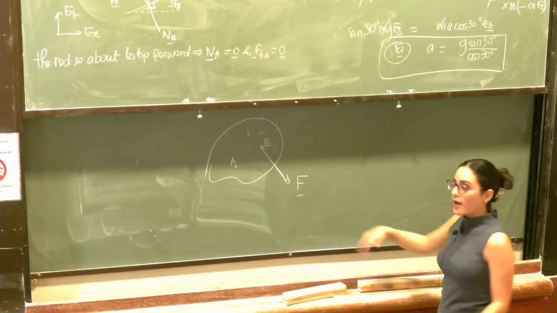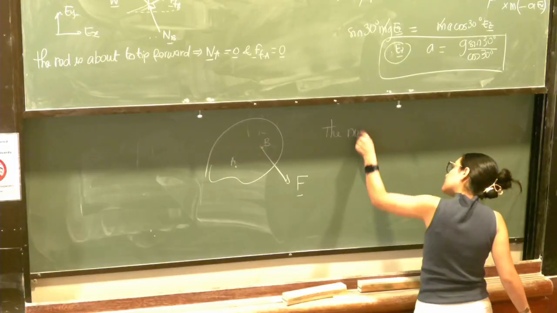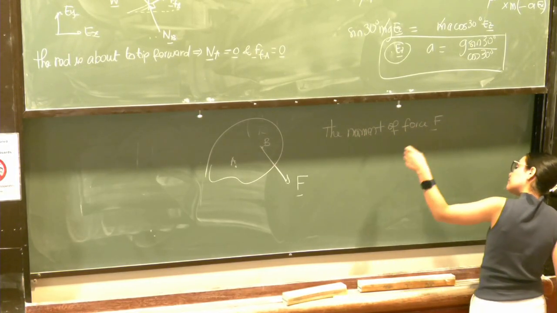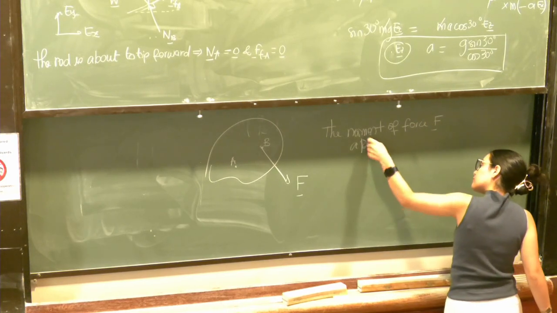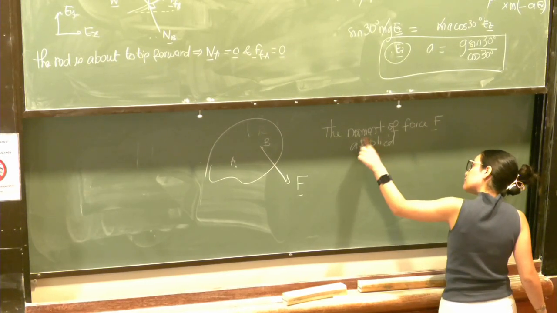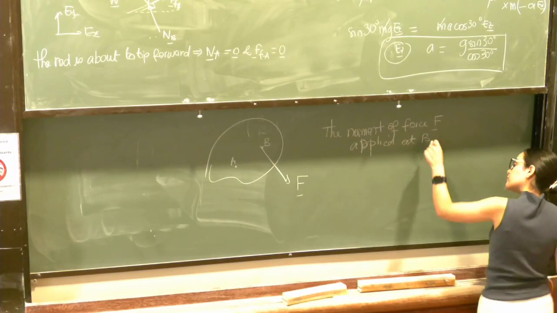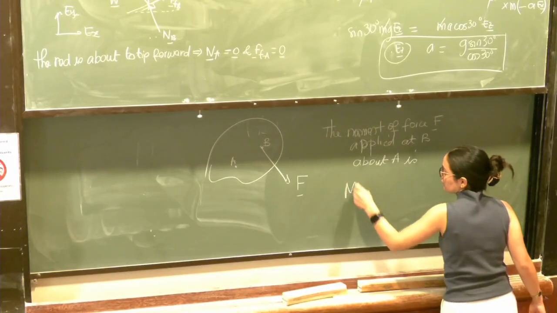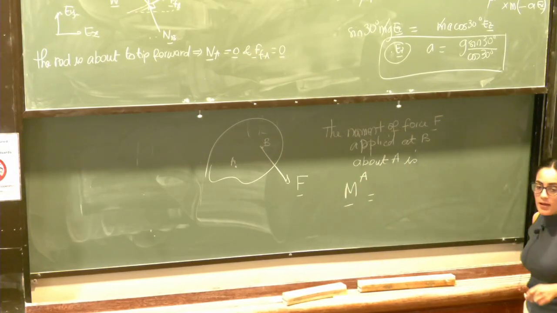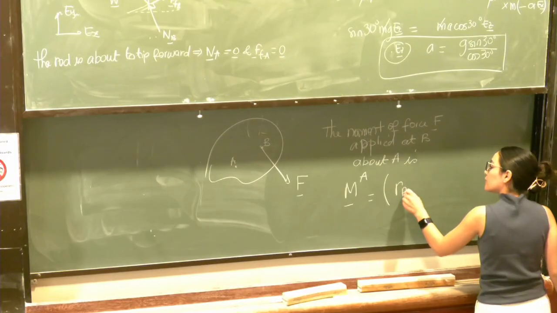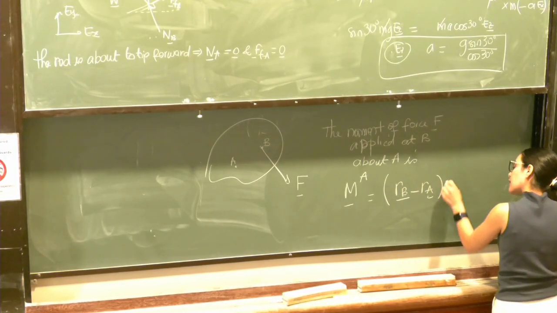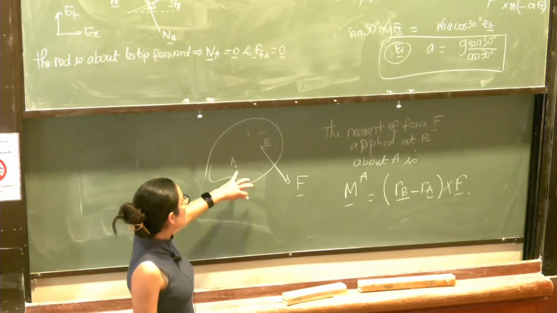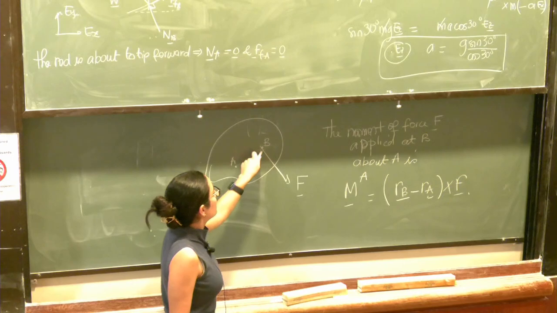Okay, the moment of F. So the sum of moments about A here is going to be RB minus RA crossed with F. So always when I'm trying to calculate the moment of a force about a point, it's the vector from the point to the force crossed with the force.